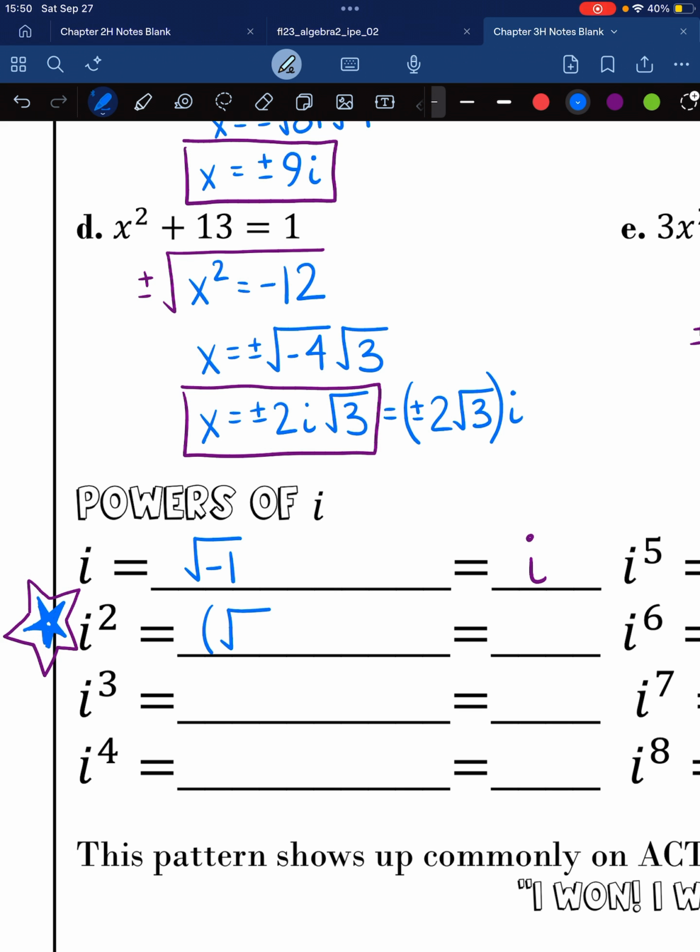And that is that I can replace the i with the square root of negative 1. And since I'm squaring that, the squared and the square root are inverse operations, so they kind of cancel each other out. And I can see that i squared is going to simplify to negative 1. Okay, and that is so important.